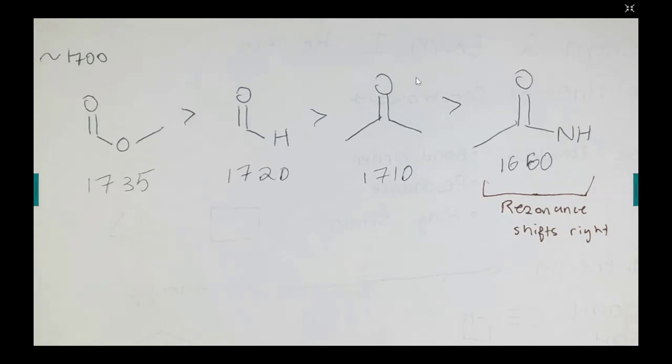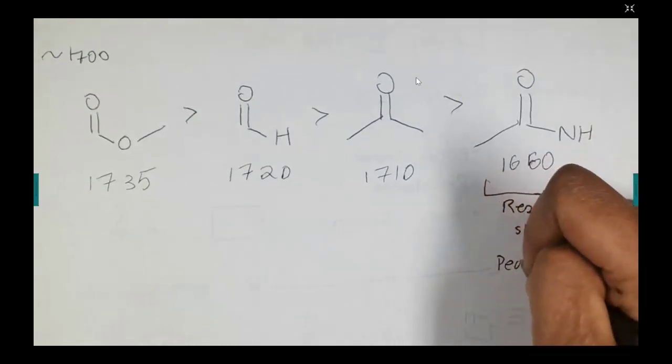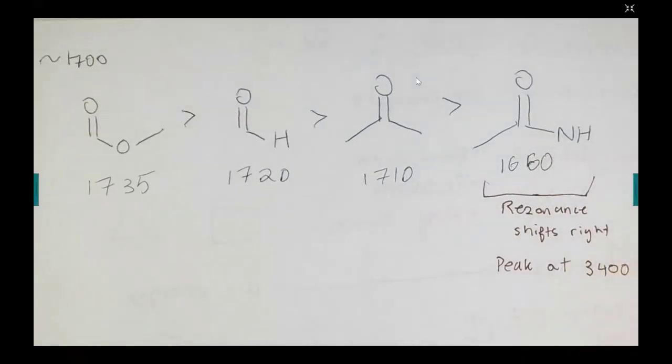So typically if you're going to see an amide, you're also going to be looking for a peak at that 3400 point, just like we talked about earlier. There are typically other ways to confirm. This is mostly just to point out how that bond order works.